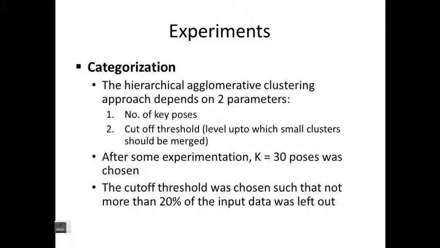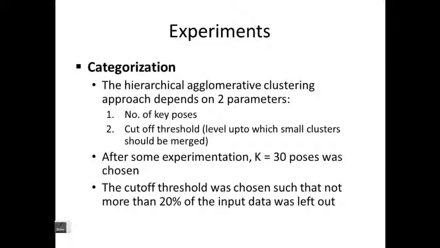If you have a very low number of key poses, there are going to be sets of actions that are not very different from each other, so there'll be a high similarity between different actions, even across two classes. But if you have a very high number of key poses, you start having an issue with too few actions within a given cluster.